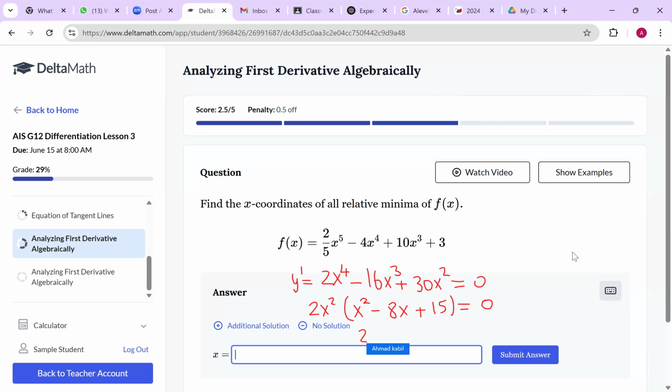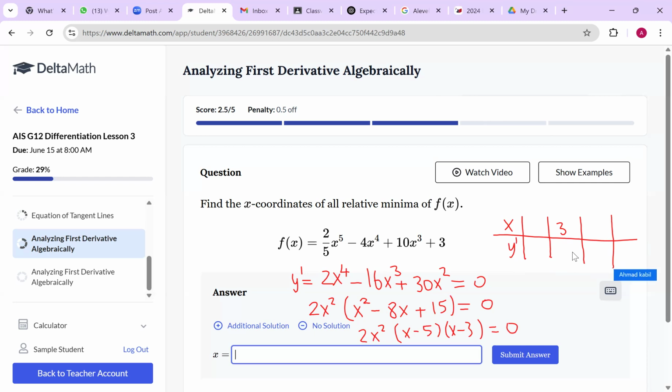So 2x^2 times (x minus 5)(x minus 3) equals 0. So the values of interest are 3 and 5. We're going to create our table, x versus y dash, put 3, put 5, and make sure to have gaps between them. And the y dash is 0 here and here.